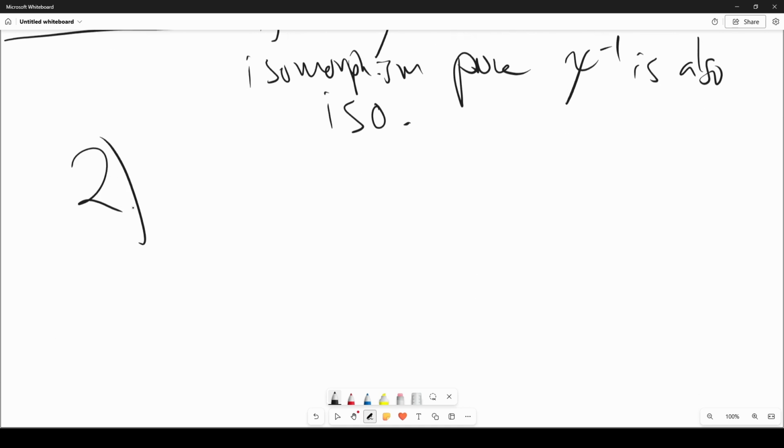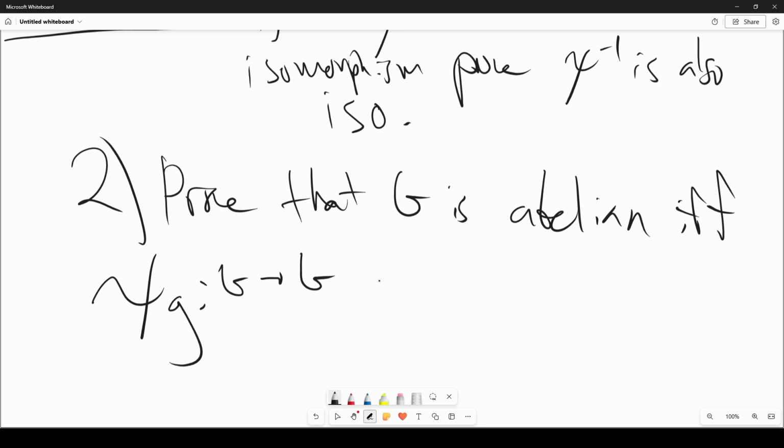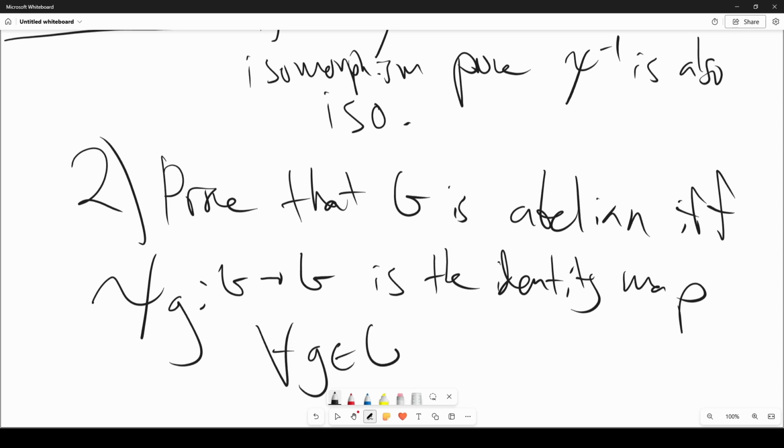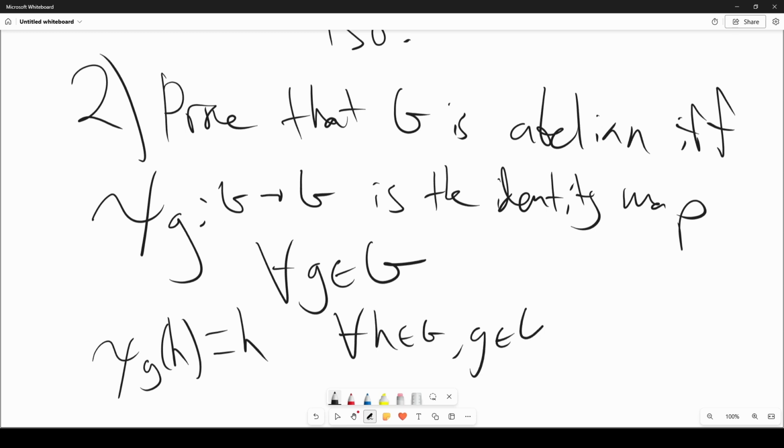Okay, example 2 is prove that G is abelian for some group G if and only if the automorphism we just defined, psi sub g from G to G, is the identity map for all g in G. So this means that whatever g you decide to fix, psi sub g of h equals h for all h in G and g in G is another way of writing this.